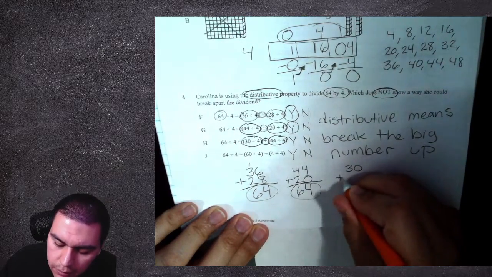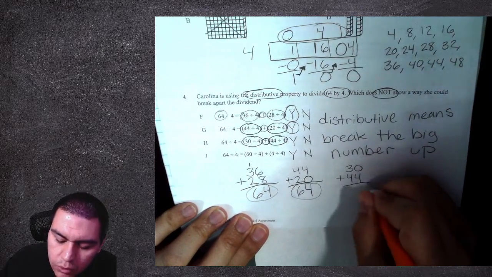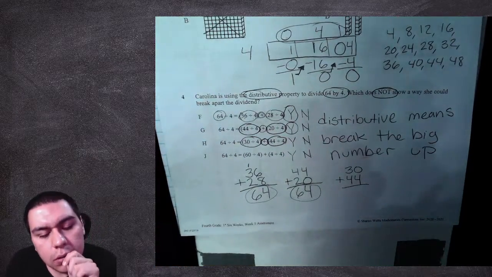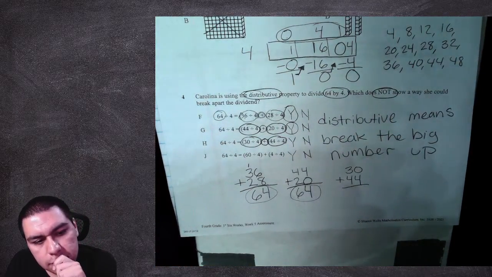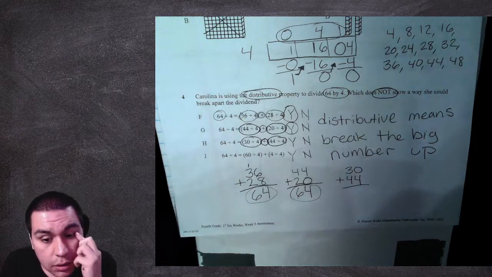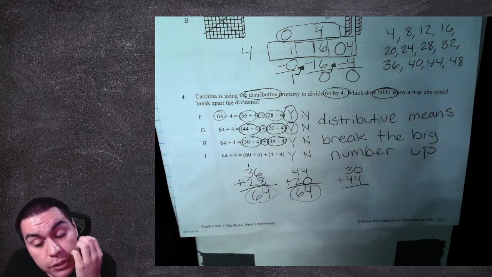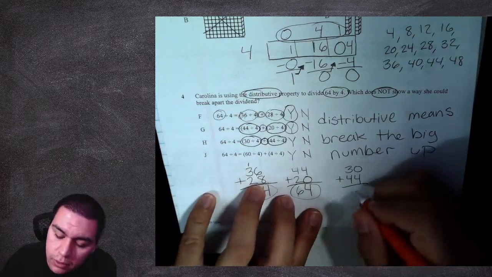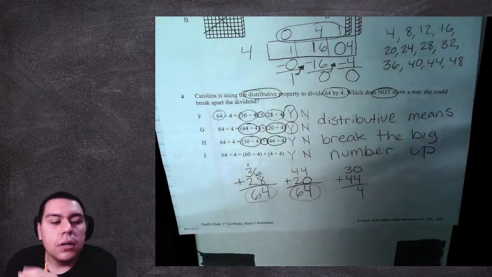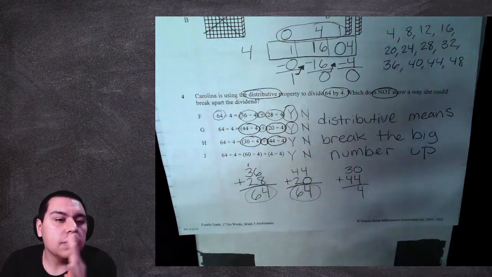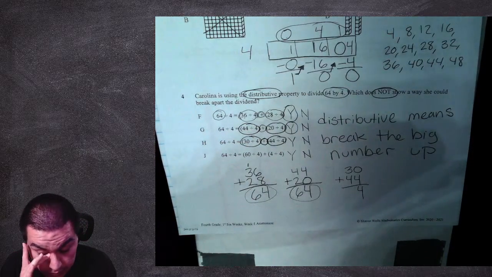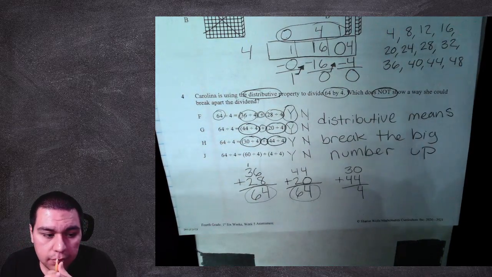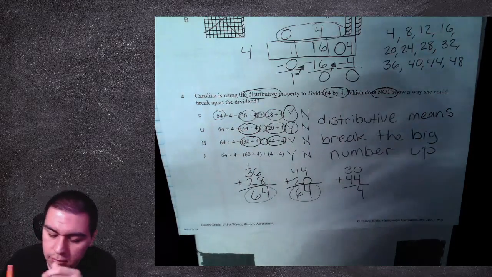30 plus 44. Kylie, what's 0 plus 4? 4. Messiah, what's 3 plus 7? 10.